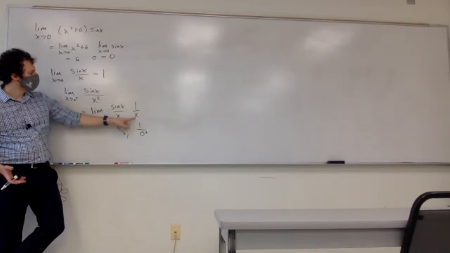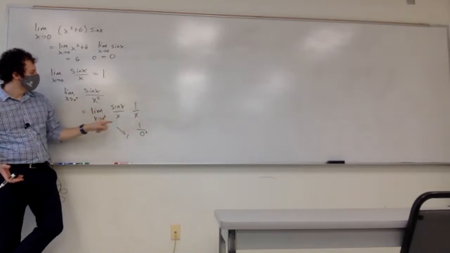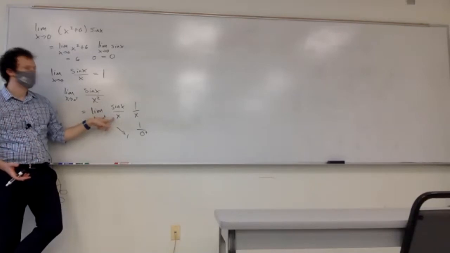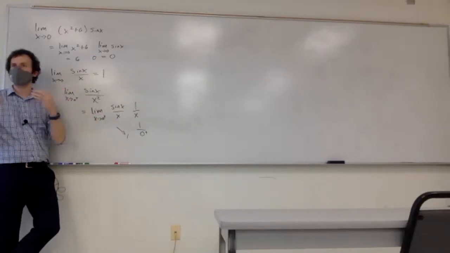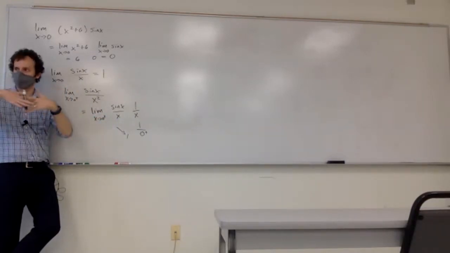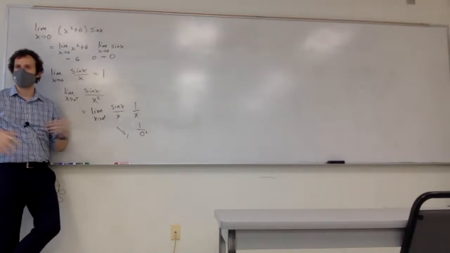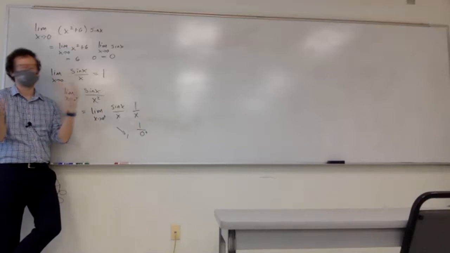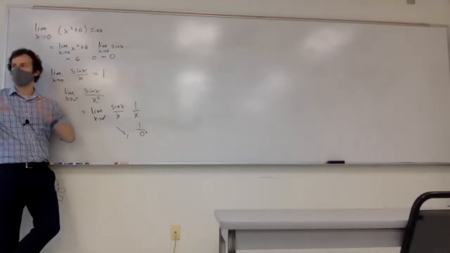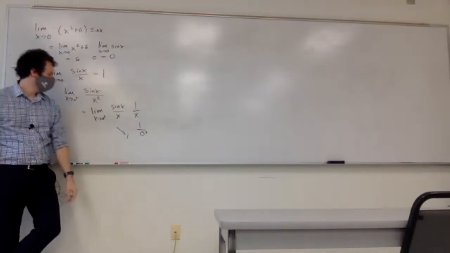And so we're taking something going to infinity, multiplying it by something going to 1, and multiplying by 1 doesn't stop something from going to infinity. In fact, if you multiplied by 1,000,000 or divided by 50 or something, those don't stop something from growing to infinity.